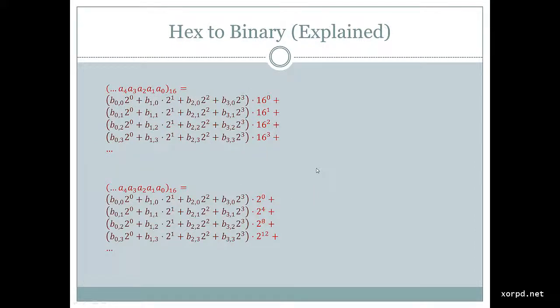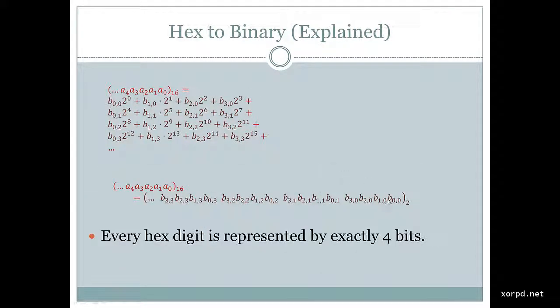And here, in the total binary representation, those 4 bits are the last ones. The same we get for A1, which is represented here by those 4 bits, B31, B21, and so on. And A3, which is represented by this quadruple, and A4, which is represented by this group. So we get that every hex digit is represented by exactly 4 bits.